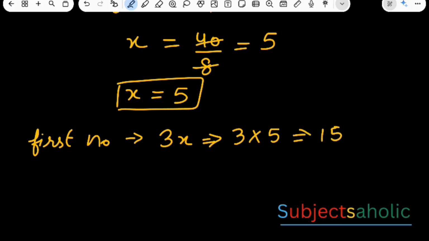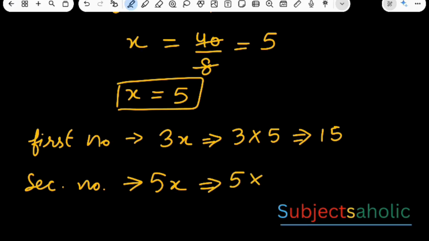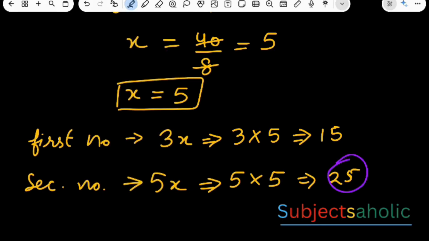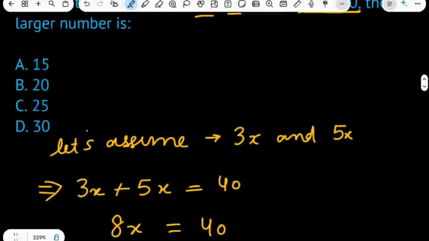The second number is 5x, so we multiply 5 with the value of x, that is 5, which is equal to 25. So the larger number here is 25. Choosing among the options, the correct answer is C, 25.